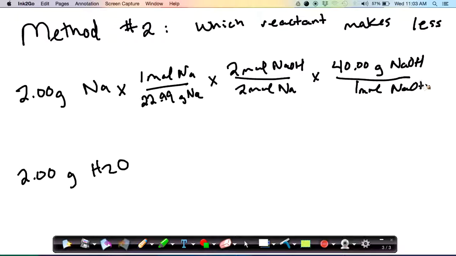And remember that we came up with 3.48 grams of sodium hydroxide for our answer.